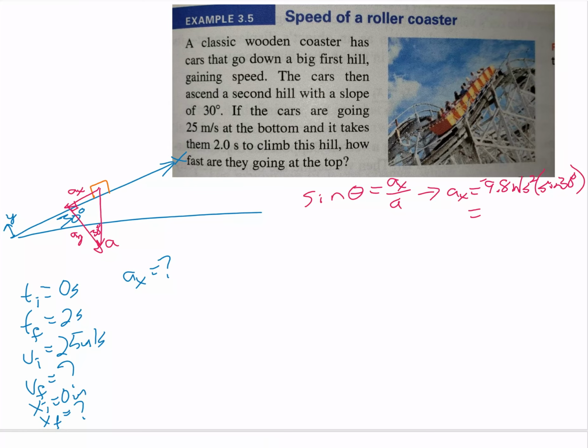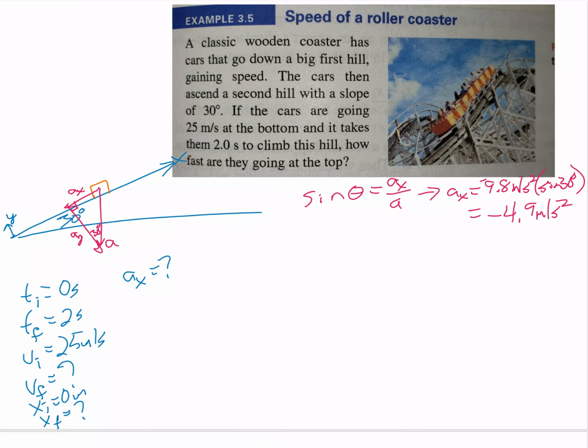Now, if you didn't get negative on this because you forgot that we're using a or you used g instead, that's fine. But notice that a sub x is against the positive x direction, so this is where you would add in your negative sign to account for that. Our acceleration in the x direction is negative 4.9 meters per second squared.